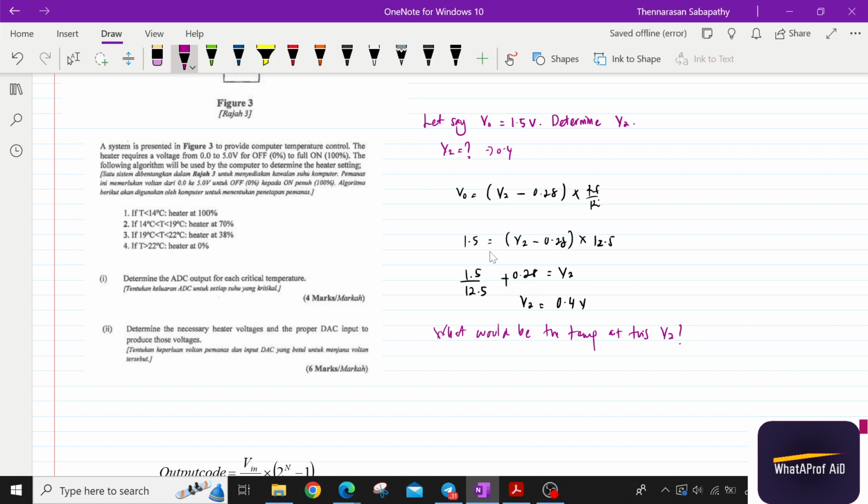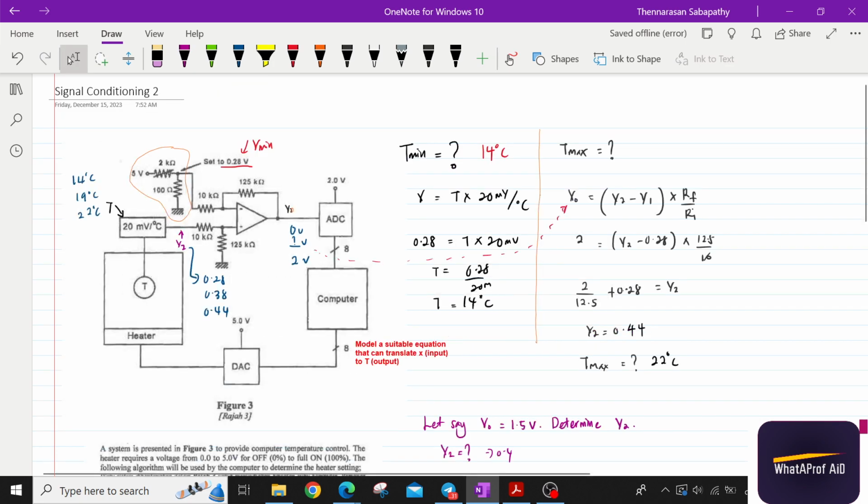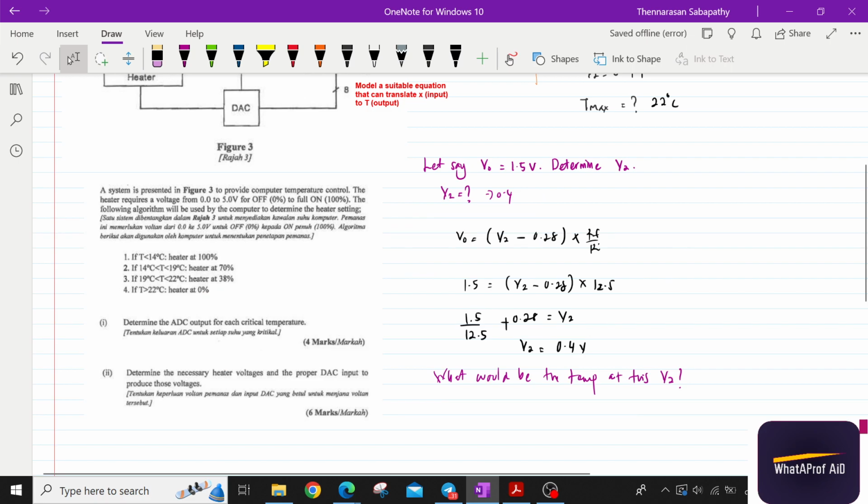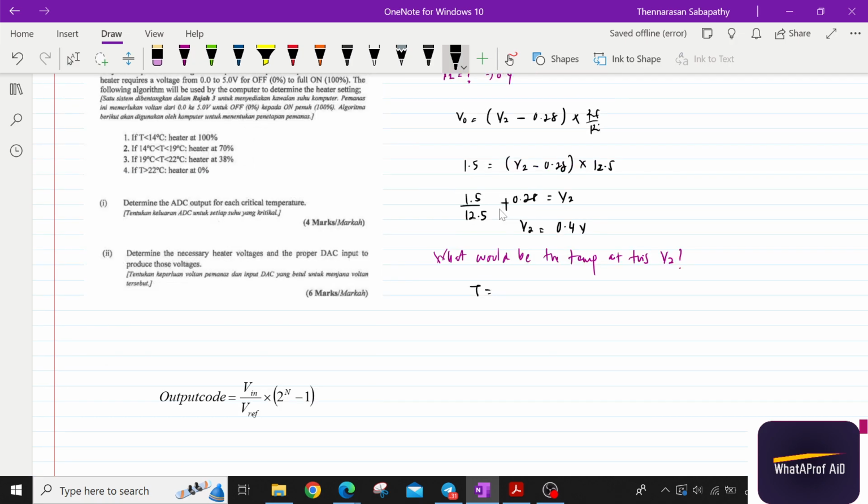Just to start with the basics again, to recall: V equals T times 20 millivolt per degree Celsius, right?